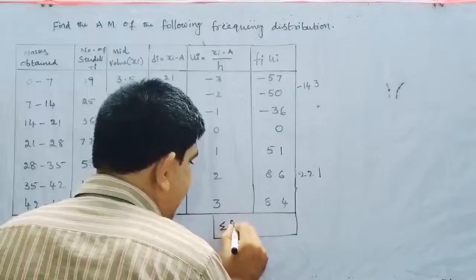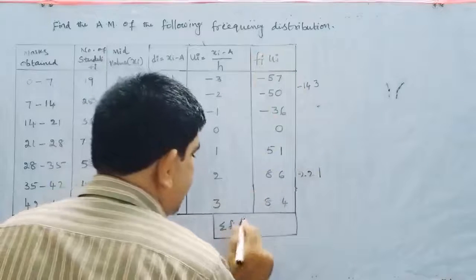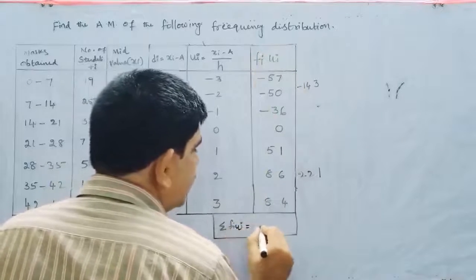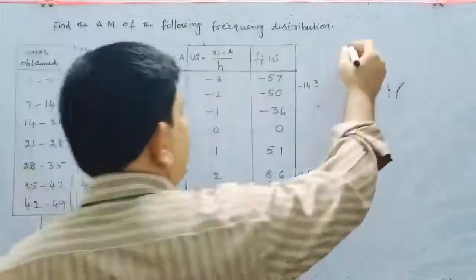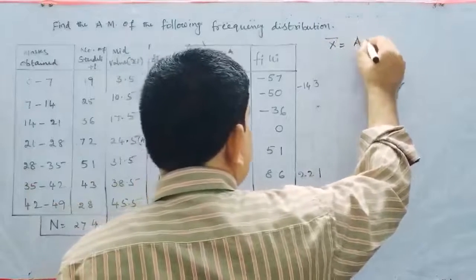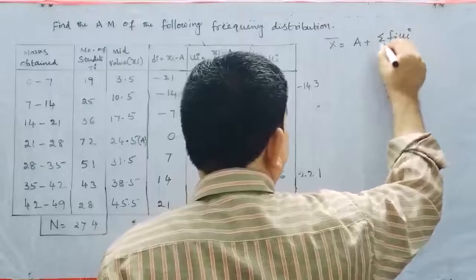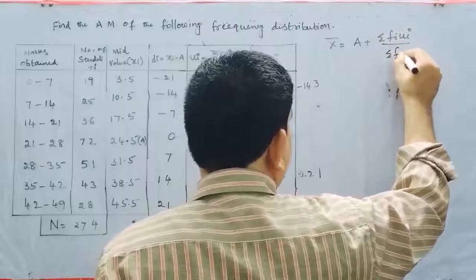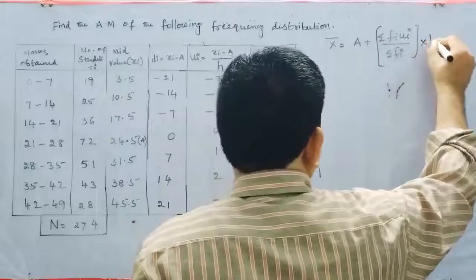Sigma fiui is equal to 78. Now use the formula: x bar is equal to a plus sigma fiui by sigma fi into h.